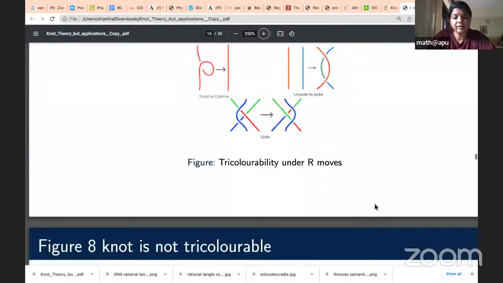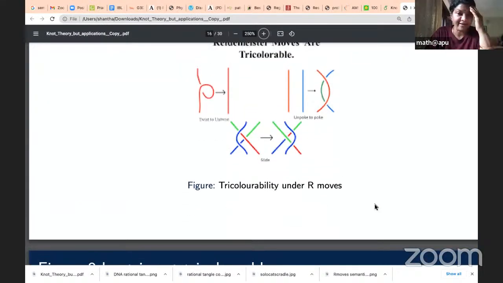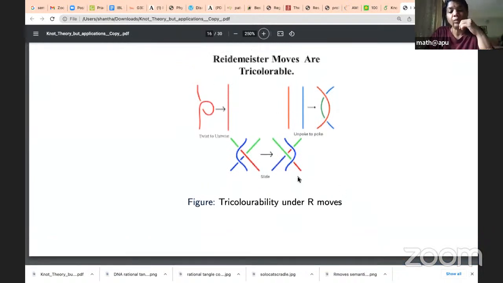So what happens under Reidemeister moves is that tricolorability does not change. For example, let us look at all the 3 ones. When we untwist, if it is a single color, it remains a single color. When we have the second Reidemeister move, some people call it poke, then we have 2 separate strands of different colors, and still the tricolorability remains.